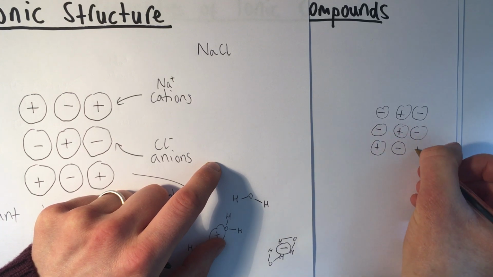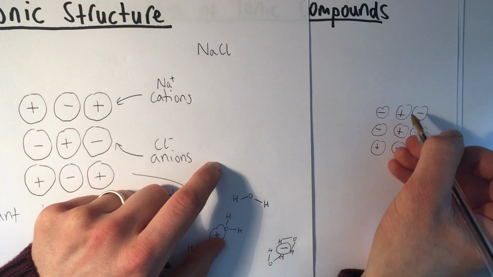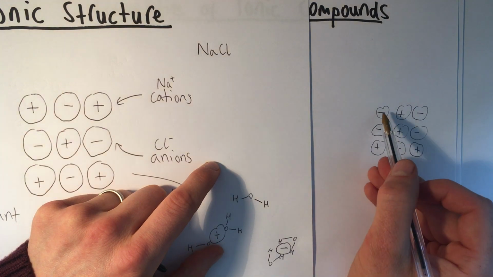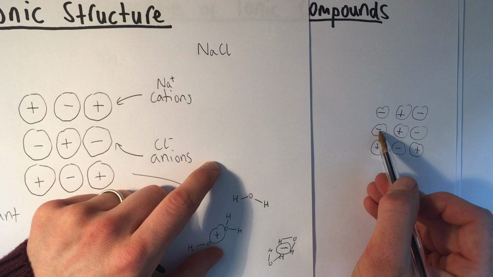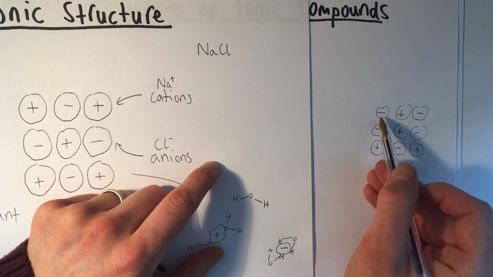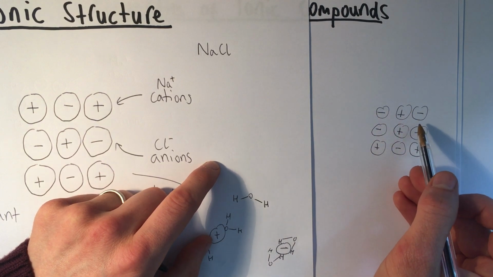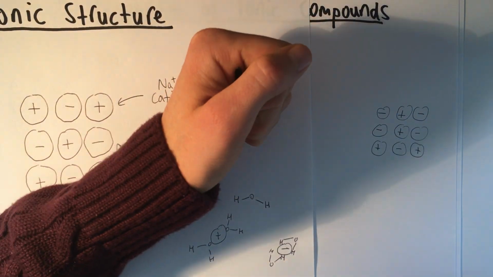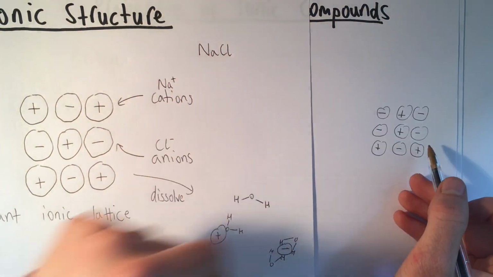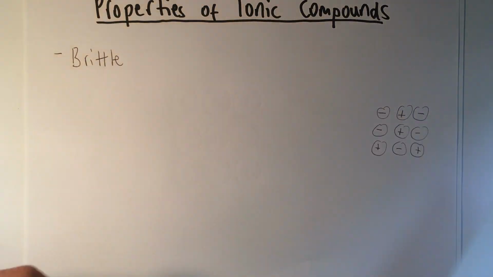That's if the top row has just moved along by one. And suddenly, between these two rows, we've no longer got attraction, but we've got repulsion because we've got like charges next to each other. And therefore, at that point, between those layers, it would spring apart, so it'd come apart very easily. And that's why, when we apply force, they snap easily, they're brittle.